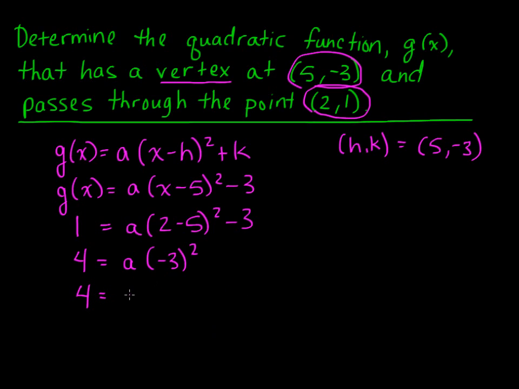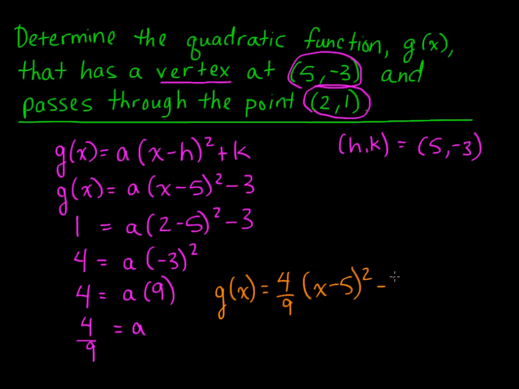Negative 3 squared is 9. Divide both sides by 9, and we get that a is equal to 4 over 9. Okay, and again, we use that a value in order to write our quadratic function that satisfies the given criteria. So 4 over 9 times, and then we substitute in that vertex, so x minus 5 squared minus 3.